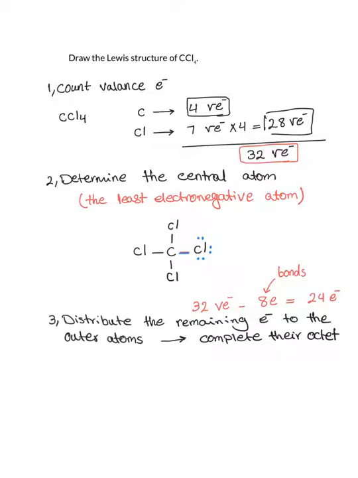That means the chlorine is octet. I use 6 electrons out of the remaining 24. So then I move on to the next chlorine. 2, 4, 6. So overall, I used 12 electrons till now, and these 2 chlorines are octet.